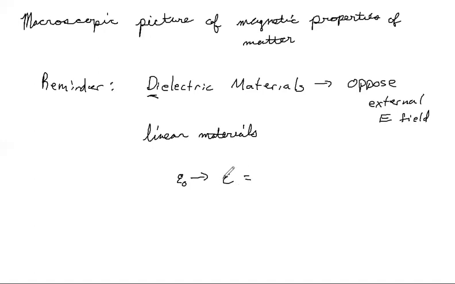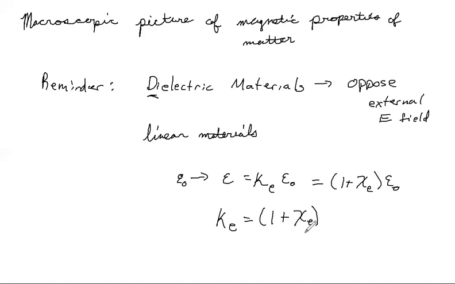The permittivity of the material can be written as a dielectric constant times the vacuum value, and sometimes it's also written as 1 plus chi e, times epsilon naught. So the dielectric constant equals 1 plus chi, and chi is called the dielectric susceptibility, or the electric susceptibility, of the material.